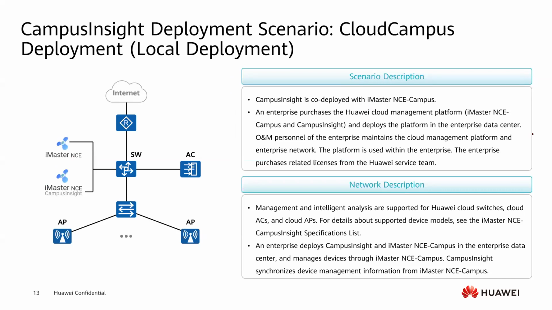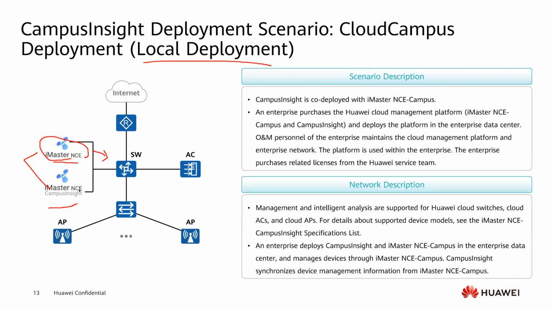And second is the cloud campus deployment. For the cloud campus, there are three kinds of scenarios. The first is local deployment. That means you deploy the controller together with the CampusInsight, and use the controller to manage and deploy all of the networks.